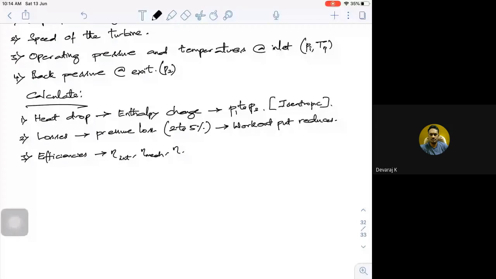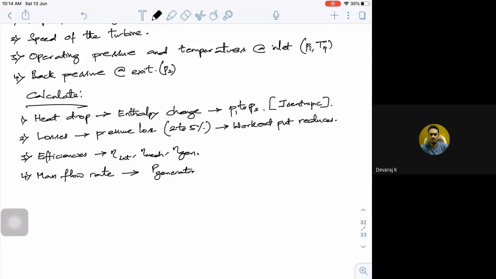With all these efficiencies in mind, we arrive at the mass flow rate required to generate the output power, that is your generator output power.